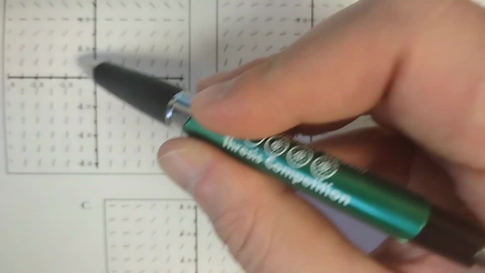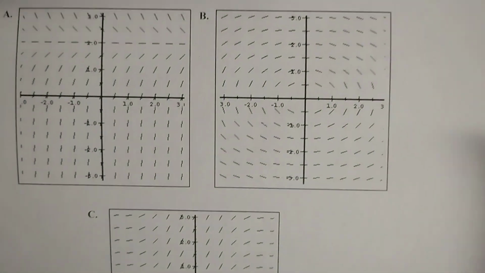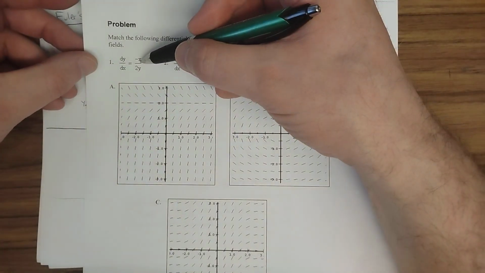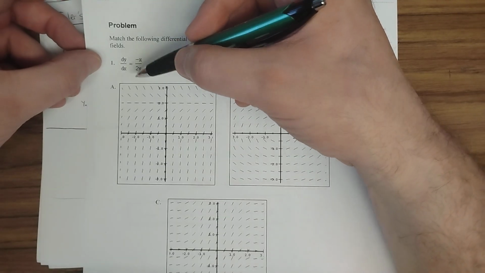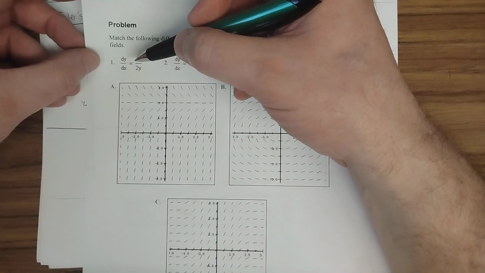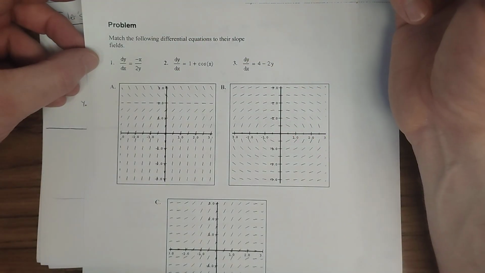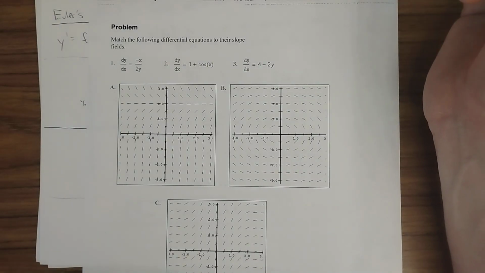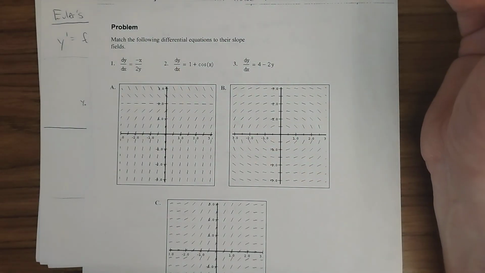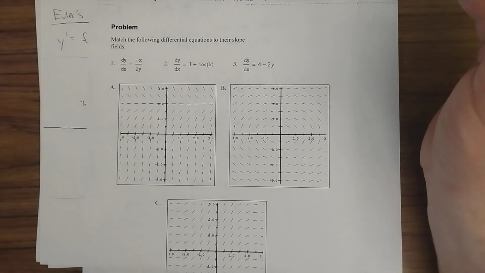And so I can pick particular points, x and y, and look at a differential equation, and this will tell me what the slope should be. And if the slope doesn't match, then I know that this one doesn't match with this one. Or if it does match, then I start to suspect that it does. And there's only three things, so we can kind of use process of elimination here.